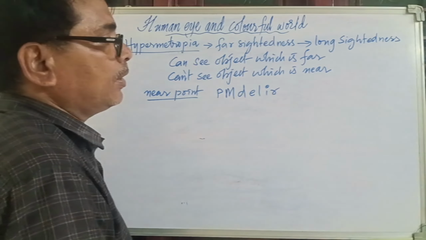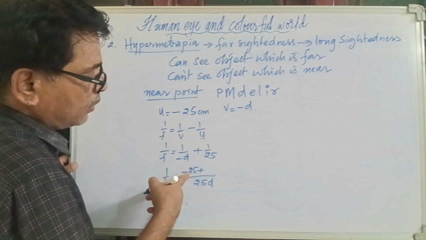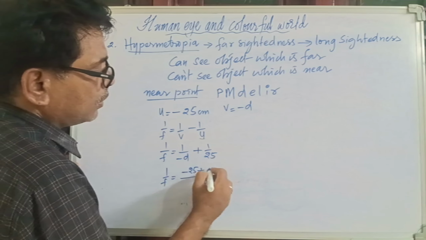1 by f is equal to 1 by v, how much? It is minus 1 by d plus 1 by 25. LCM is 25d. So this is negative and this is positive. d goes 25 times, so minus into minus is plus, d into 25 is 25d, plus 25 into d is 25d.